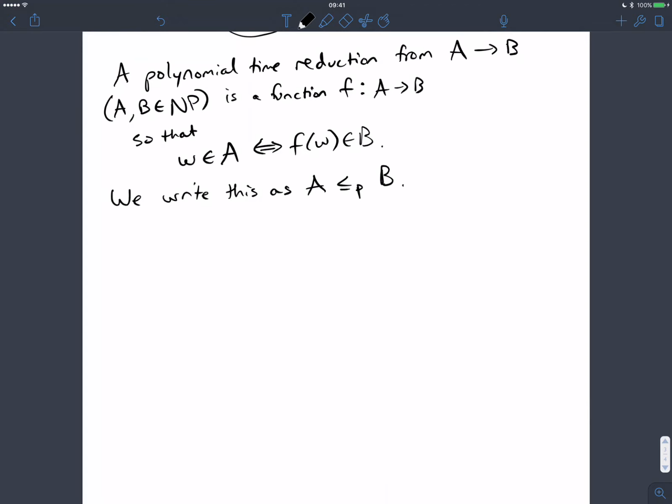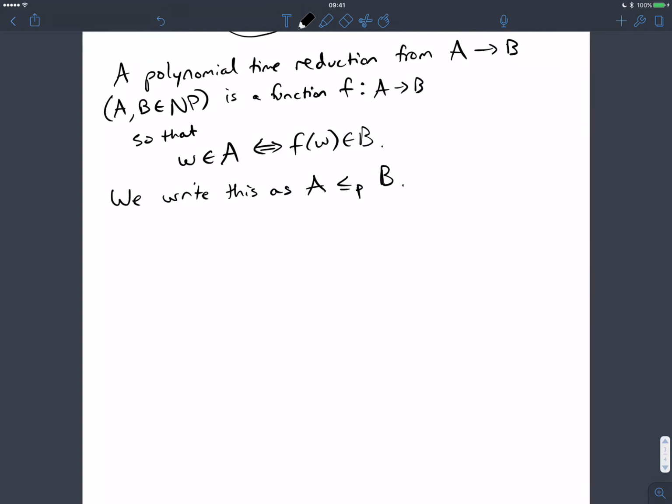We kind of saw this kind of reduction before when we showed that things were undecidable, but we let those reductions take an arbitrary amount of time. We didn't restrict the amount of time, as long as it was a finite amount of time. Here we have to restrict it to be polynomial time, because if I allow you, say, exponential time to convert from this NP problem to this other NP problem, then I might as well just solve the problem in that process anyway.